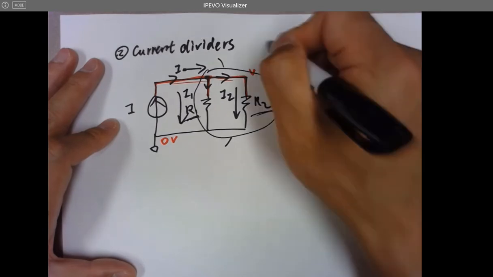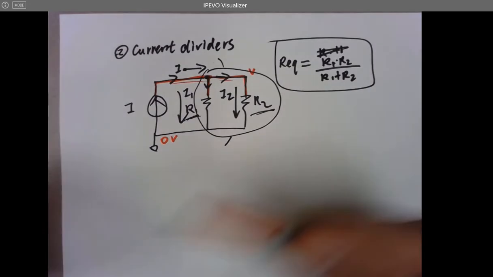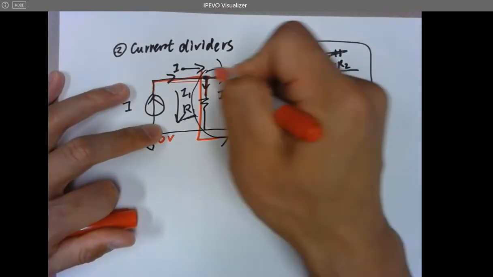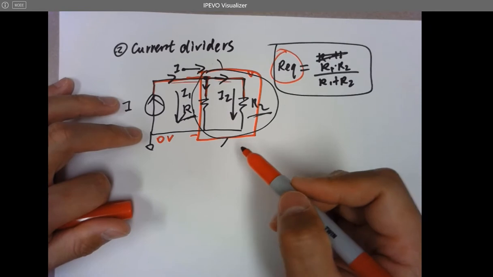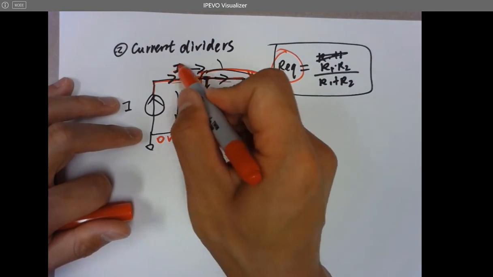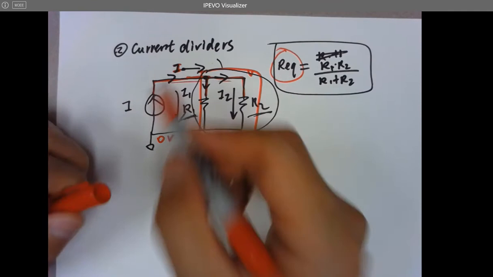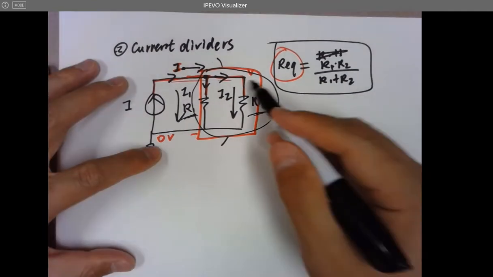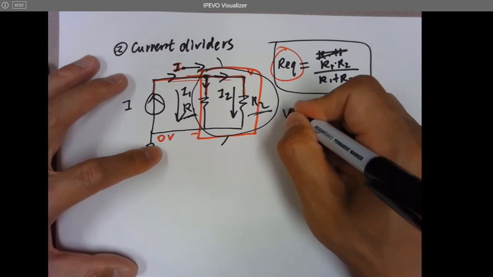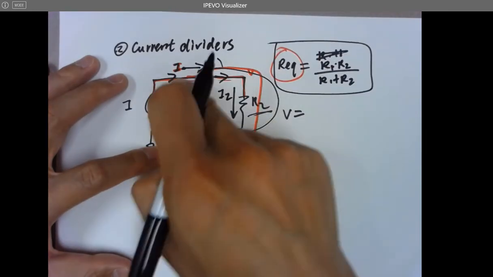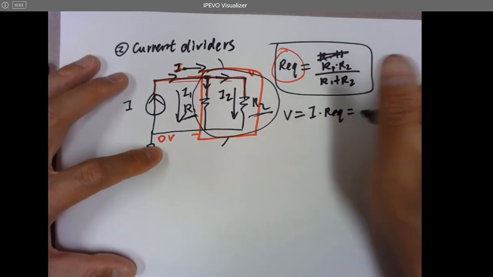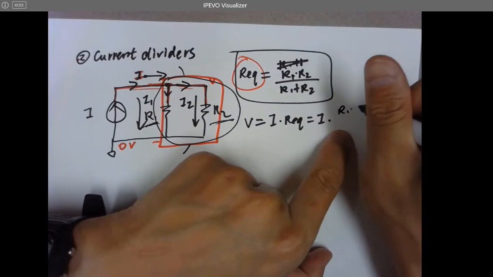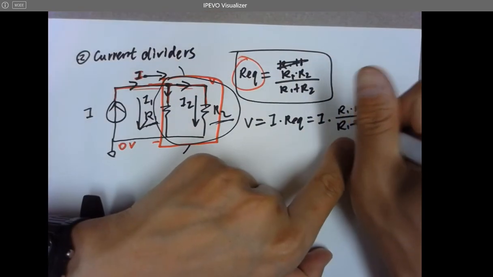If you treat the entire thing here as a black box, then across the two terminals the resistance will be R equivalent, and the overall current is I. All of this is the same voltage node, so V equals I times R equivalent, which is I times R1 times R2 over R1 plus R2.